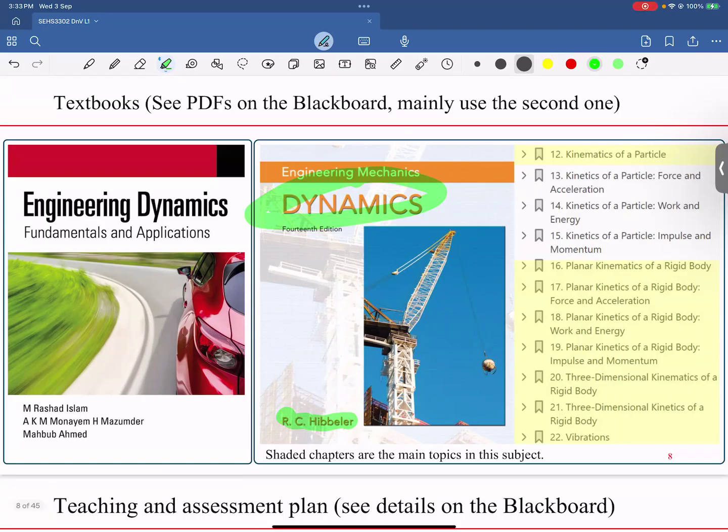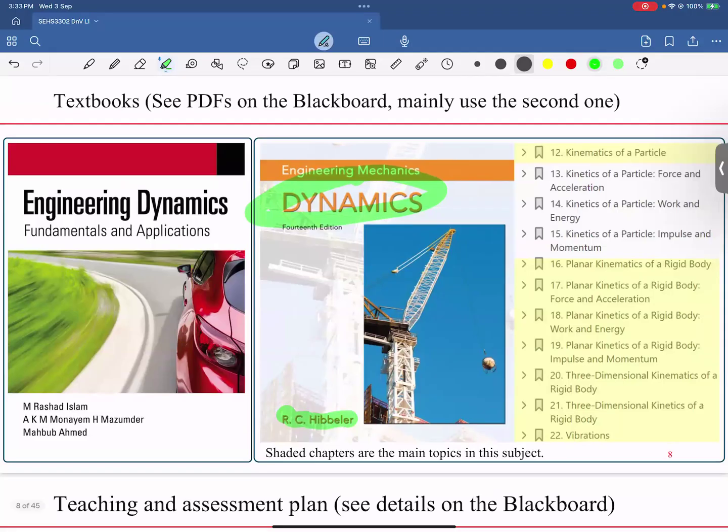Actually, those textbooks are not for a single semester. You can see it covers a very wide range of dynamics, from dynamics of particles to dynamics of rigid bodies. Actually, we only consider the dynamics of rigid bodies, because you have learned the dynamics of particles in fundamental mechanics or engineering mechanics.